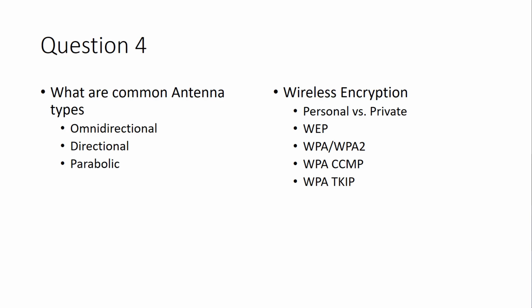When we're talking WPA and WPA2, understand personal versus... Alright, sorry about that. I had to fix that. That wasn't personal versus private, that's personal versus enterprise. Essentially, make sure you understand that enterprise you can integrate with RADIUS and personal you cannot.